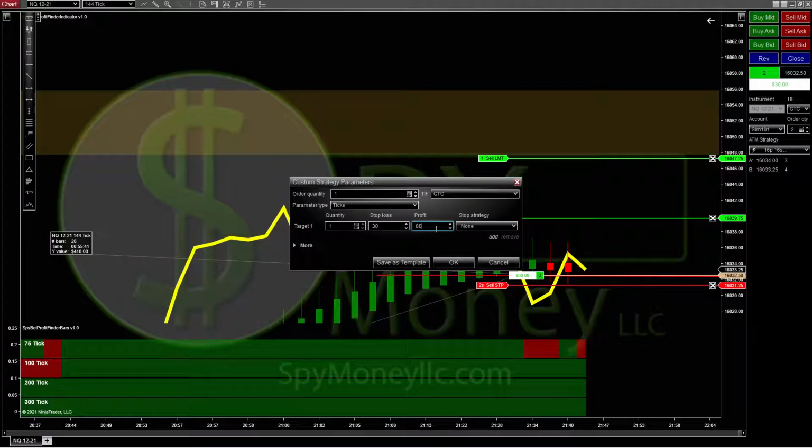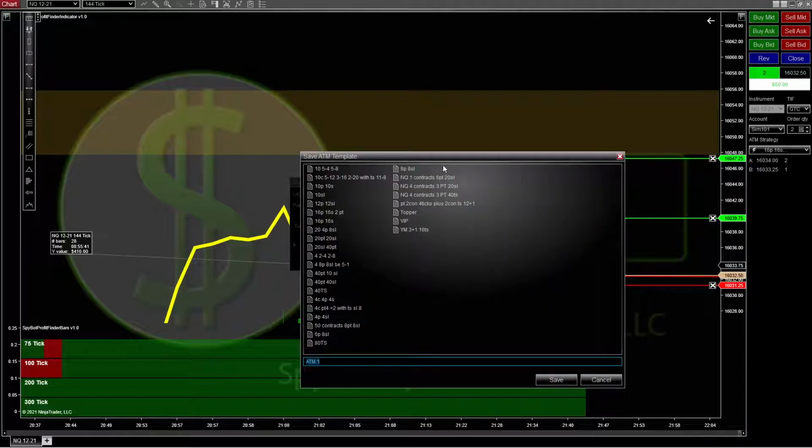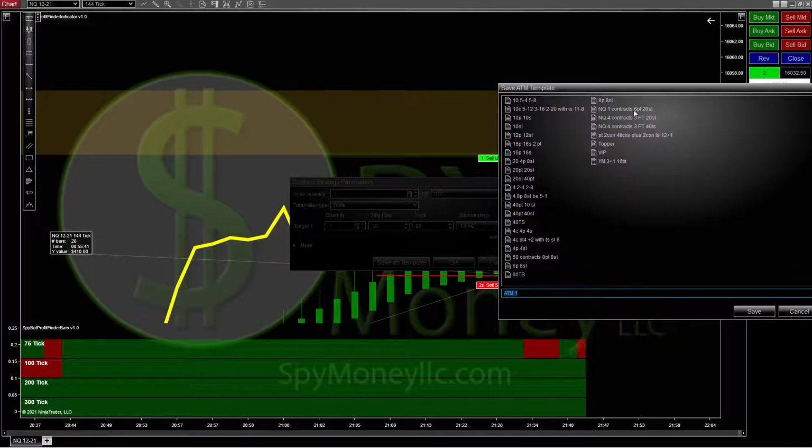That's a 20-point profit. Then we go to save template, and we're going to save this and call it what we did there, so we know what it is. So we're going to do an 80 profit target and a 30 stop loss, and that's how I'm marking PT and SL.